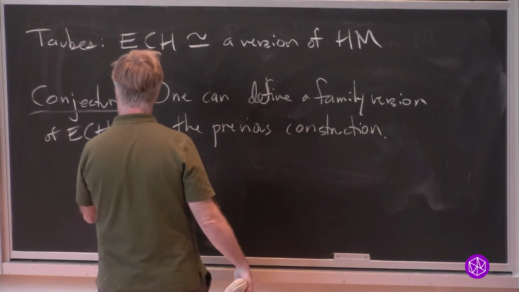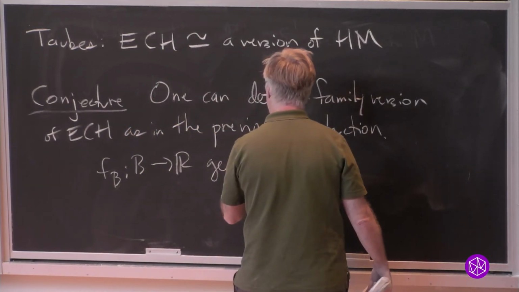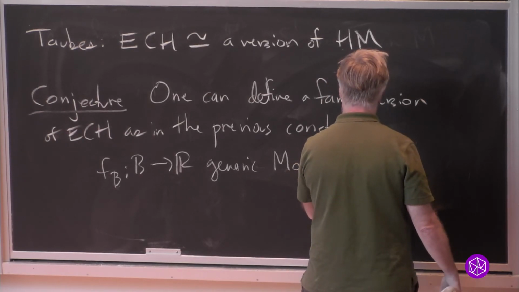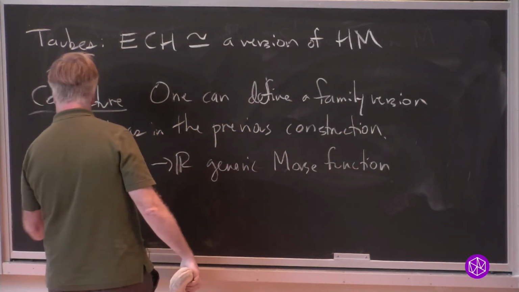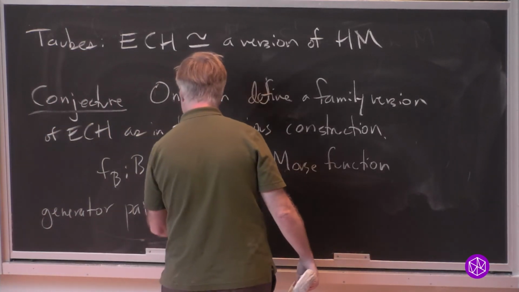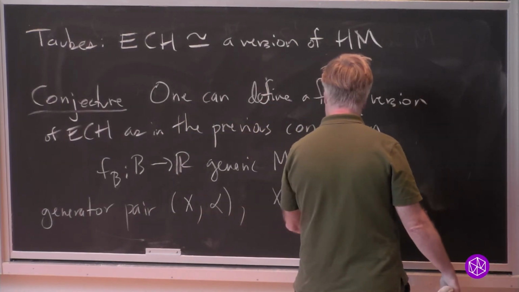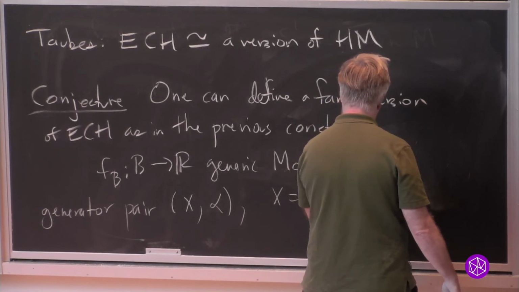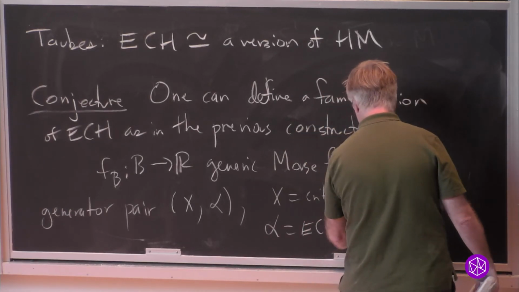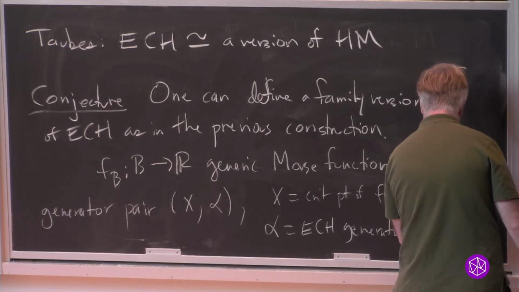So we choose a Morse function on the base as before. And then a generator of the chain complex would be a pair x alpha, where x is a critical point of f_B, and alpha is an ECH generator, so this is some set of Reeb orbits on the fiber, pi inverse of x.